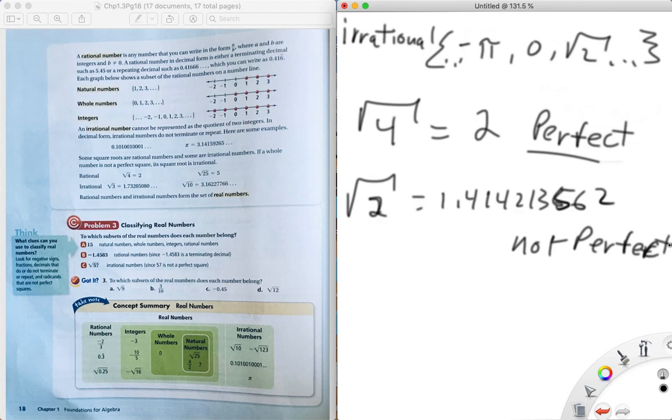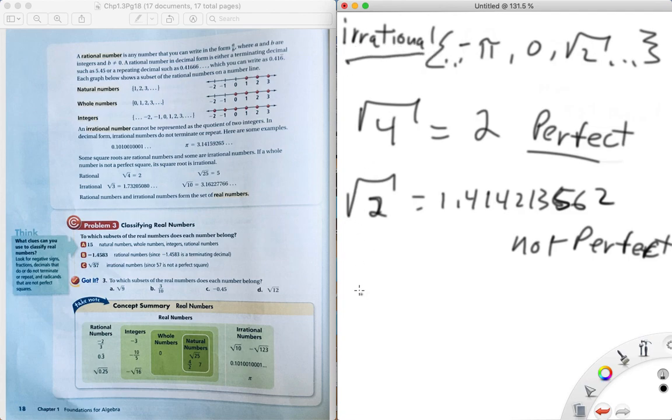Not a perfect square. Irrational numbers are in a category all of their own.